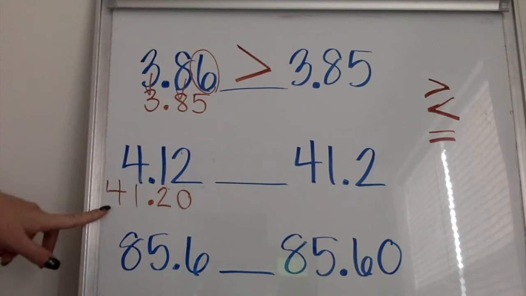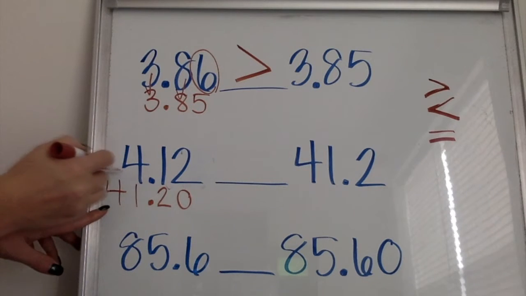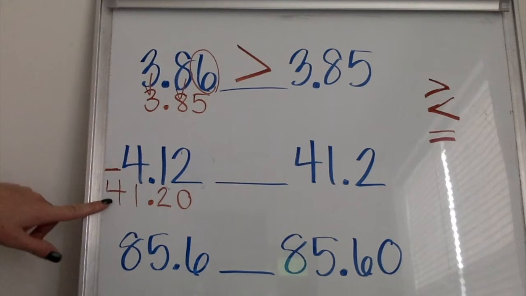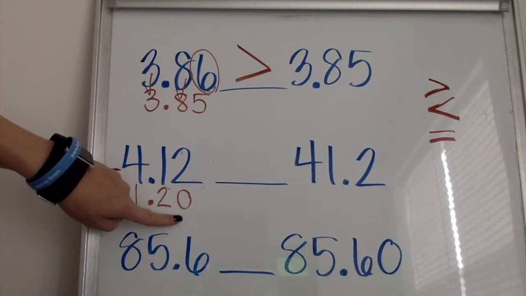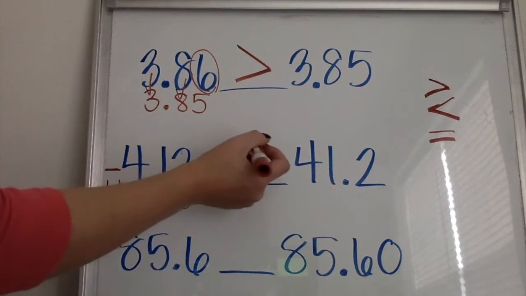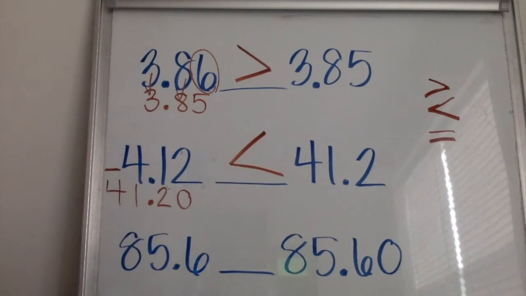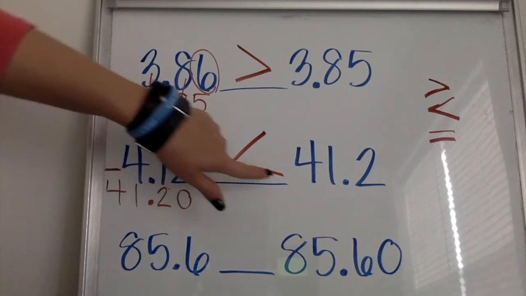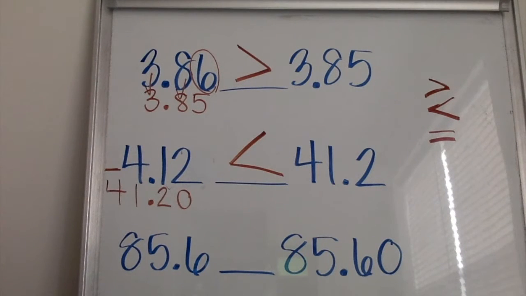I notice I have a 4 in the tens place. I don't have a digit up here in the tens place. So this automatically tells me that 41 and 20 hundredths is bigger than 4 and 12 hundredths. So that means that on this one, we are going to have a less than sign. I can read this by saying 4 and 12 hundredths is less than 41 and 2 tenths.